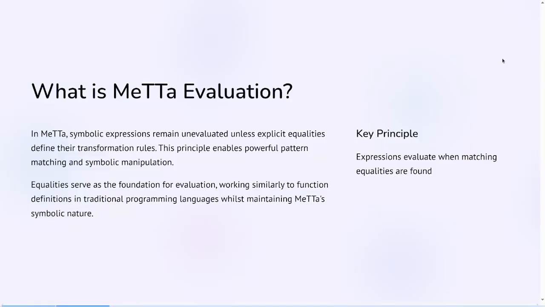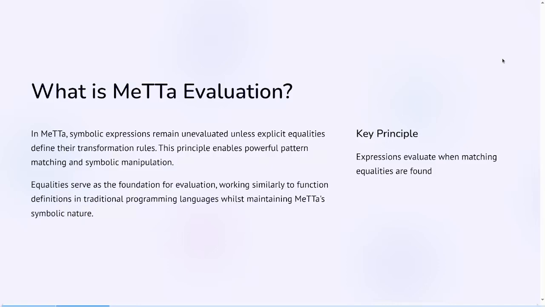Whenever we need to reduce one expression or one symbol, we need an evaluation, right? So we have to assign it some value. Later on, when we call that expression or symbol, it will be evaluated or reduced to another value. We'll see what that means later on. This is what evaluation in MeTTa means.